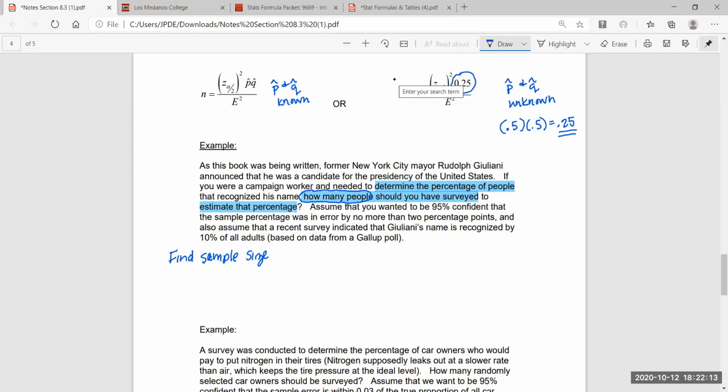So now it tells us we want to be 95% confident that the sample percentage was in error by 2 percentage points. And then it says a recent survey told us his name was recognized by 10% of all adults. So that's kind of our important information. So let's write down what we have. The reason they give us the 95% confident is that will give us our critical value for the formula.